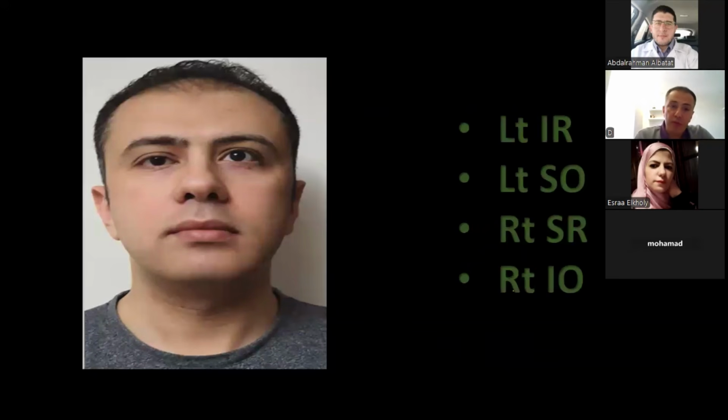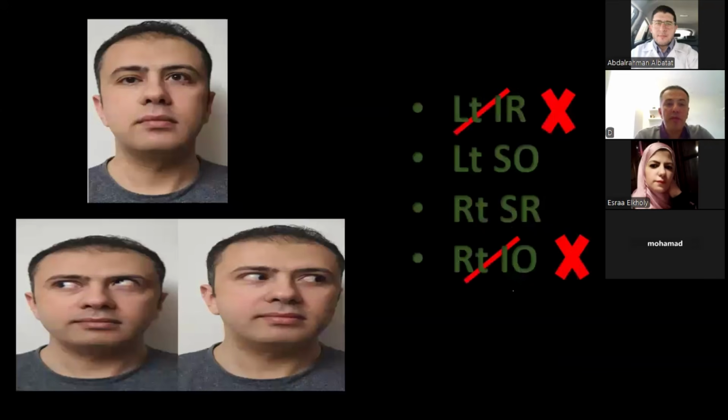Being faster, left over right, four muscles to suspect, but now it's worsened on right gaze. What will happen? I'm suspecting right superior rectus or left superior oblique. So again, it's much more worsened on right head tilt. So this is right superior rectus paresis, because the right eye, which has the superior rectus affection, now failed to intort and elevate.